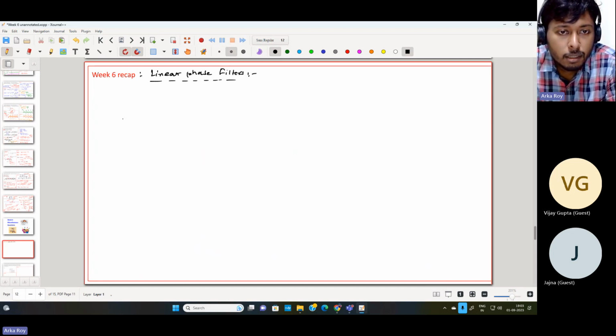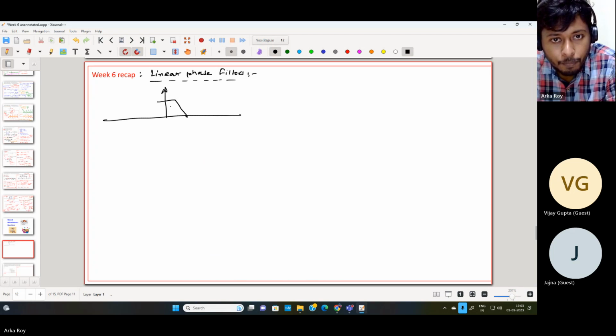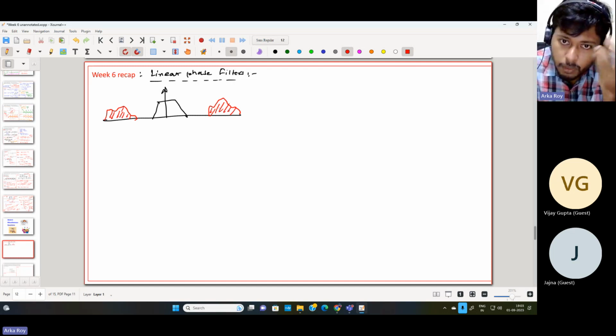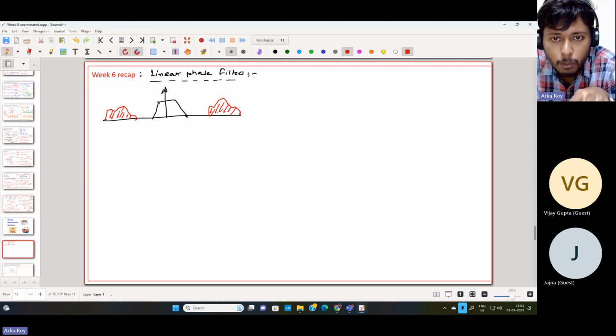Let us consider we have a frequency response which has this particular shape, and due to some noise insertion, something like this has been introduced in the spectrum. This is due to noise, a high frequency component inserted into the spectrum of the signal.